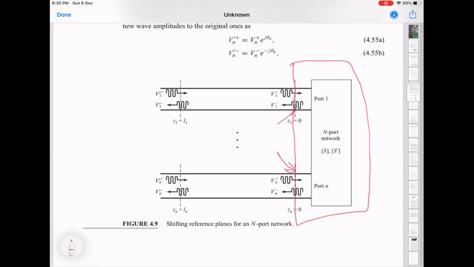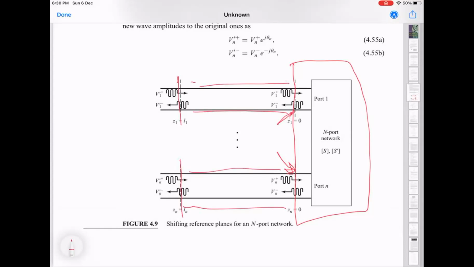So what this is referring to is that sometimes due to practical constraints, you might not be able to connect the devices at these points. But there is some medium, typically a section of transmission line, which has to be present, and you're only able to put your devices at this reference plane.